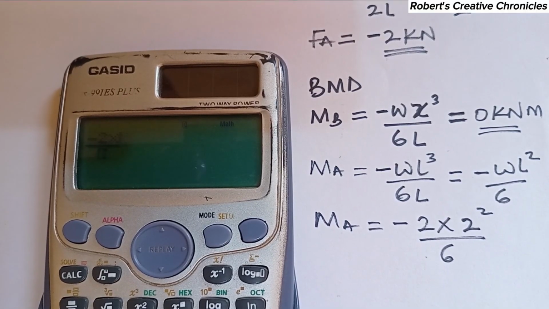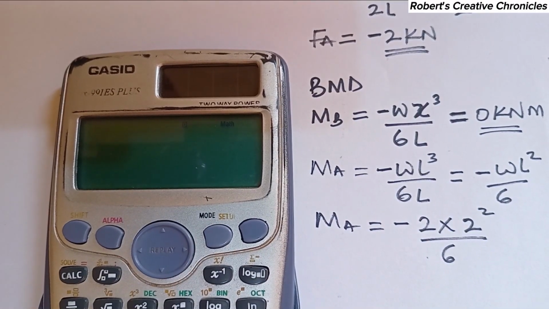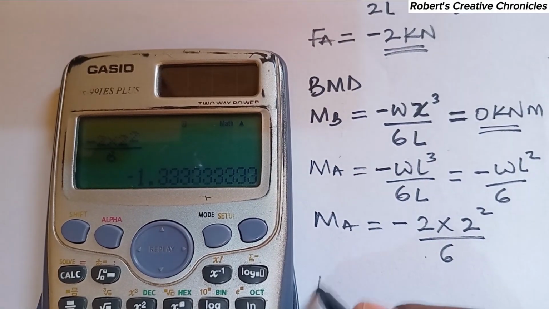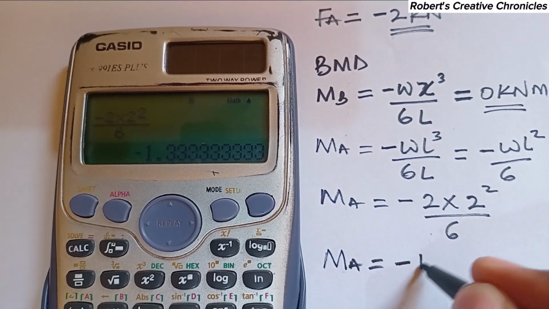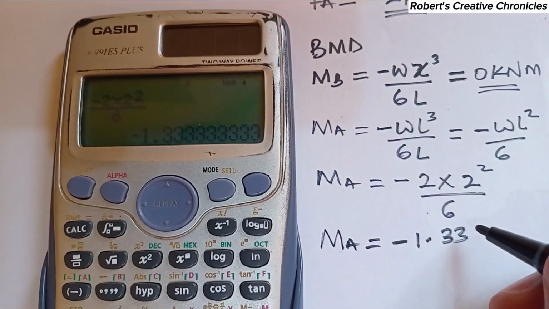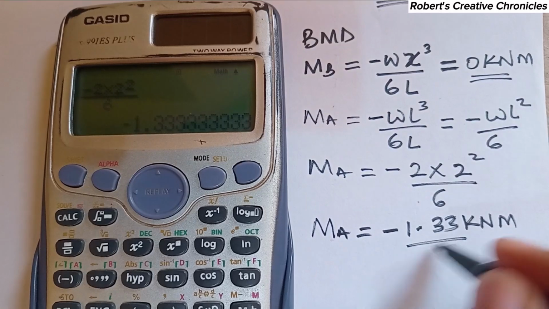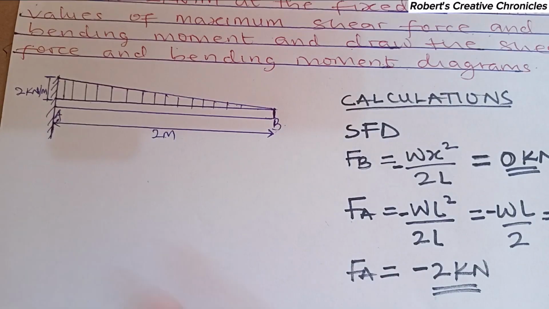Negative 2 times 2 squared over 6 is negative 1.33 kilonewton meter. So this is our maximum bending moment at this point A.